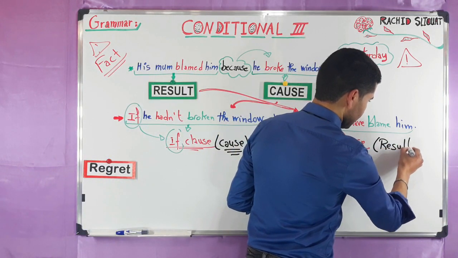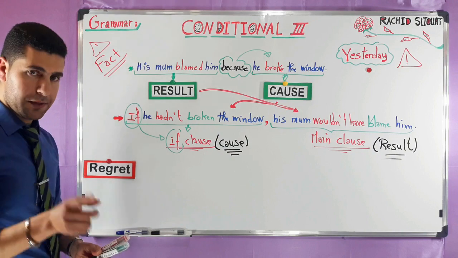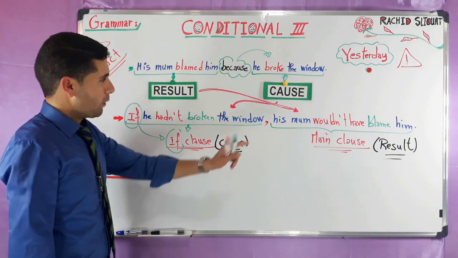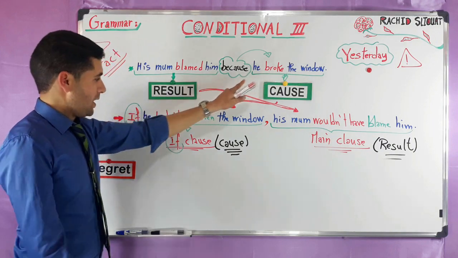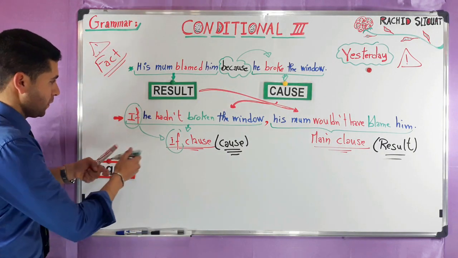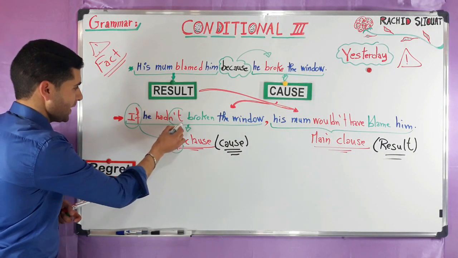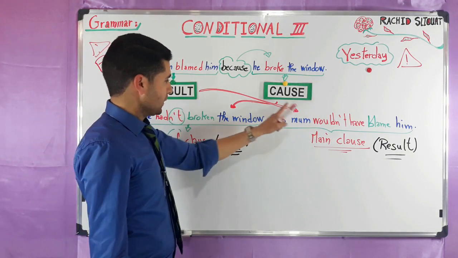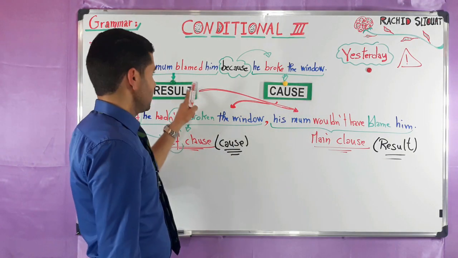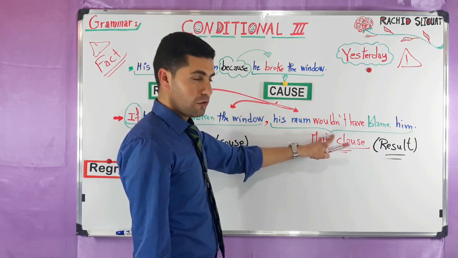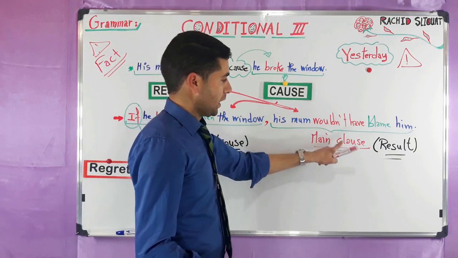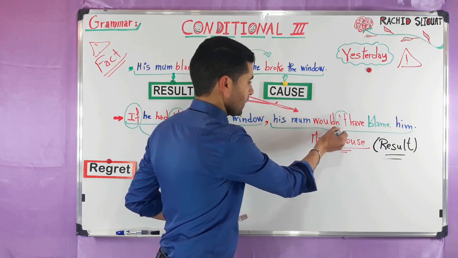Another very important thing: here the cause is affirmative. In the conditional, it becomes negative. Here again the result is affirmative, and in the conditional, in the main clause, it becomes negative, as you can see.